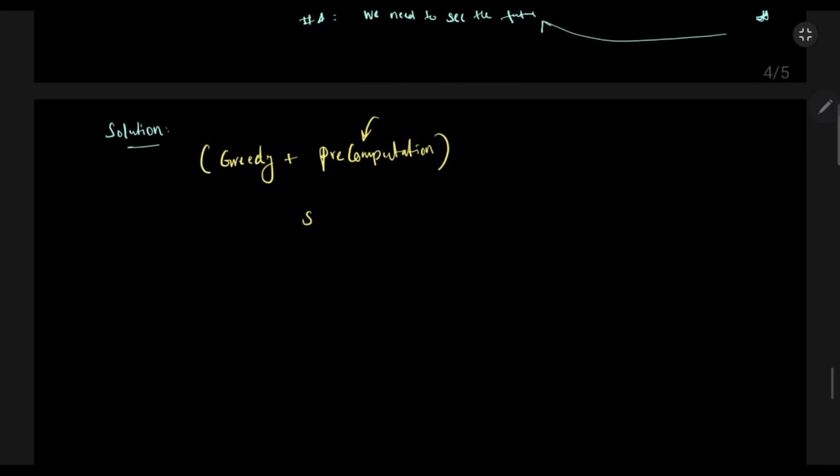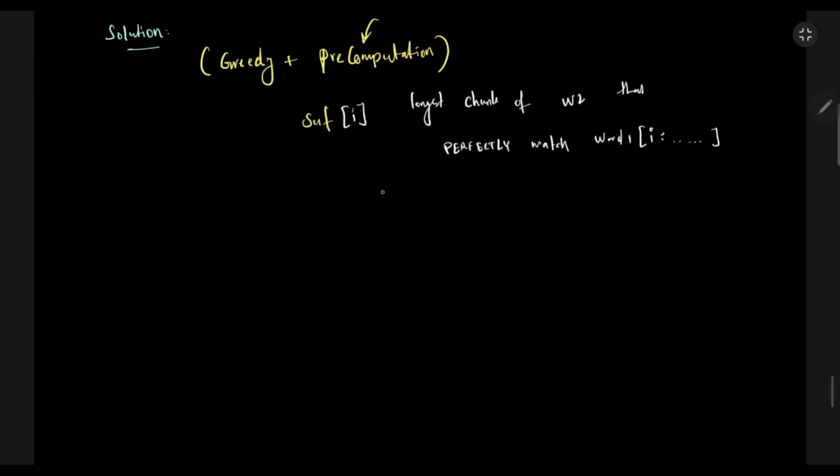We will define one suffix array, okay, where suffix of I will tell us the longest chunk of word 2 that perfectly matches word 1 from the starting index I to everything.